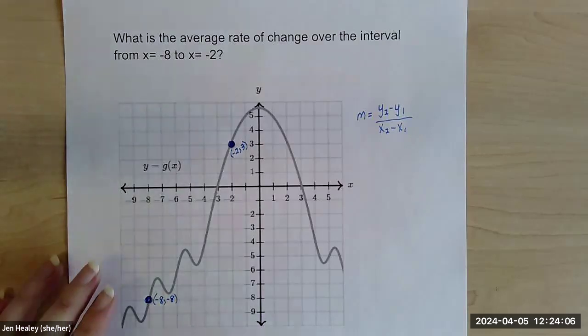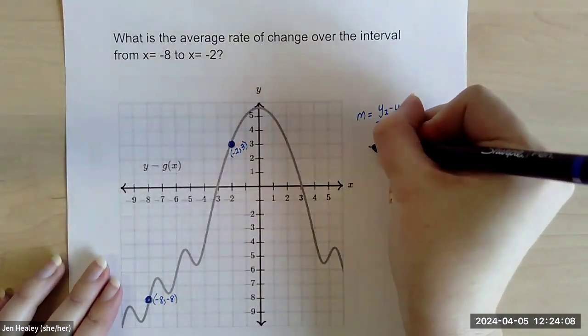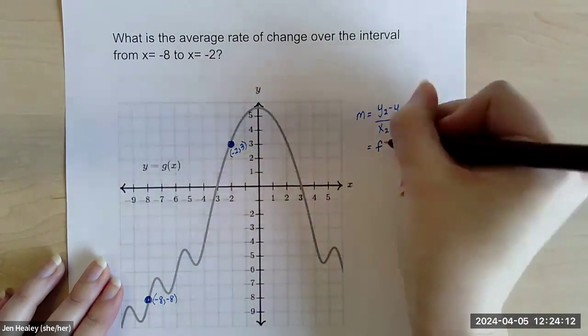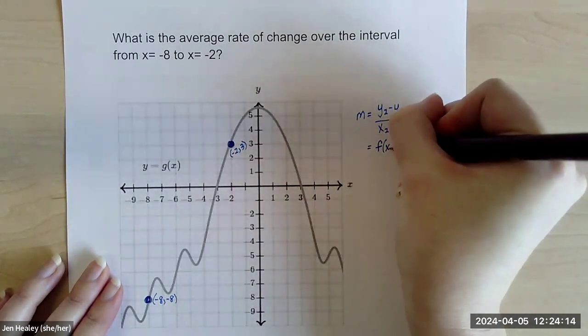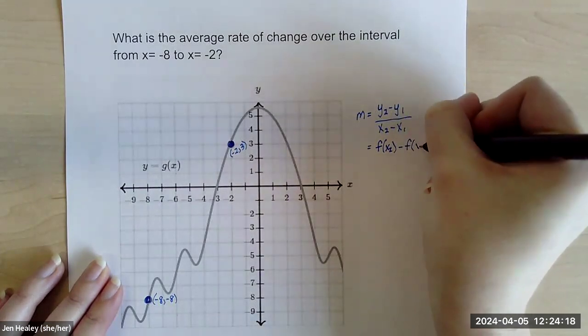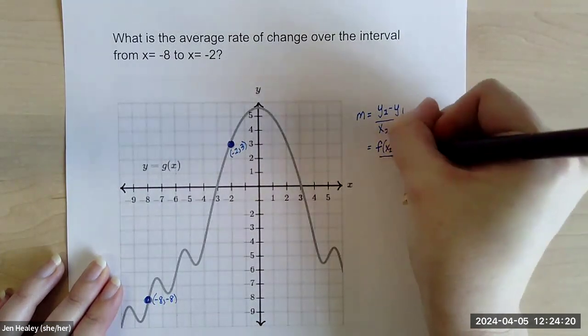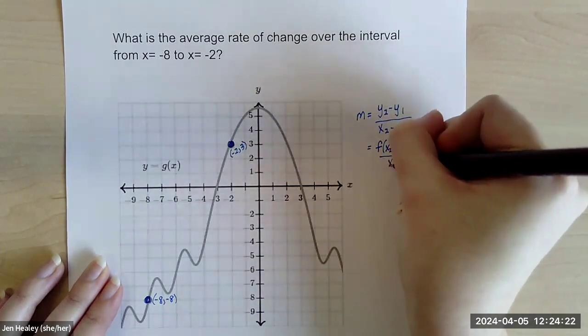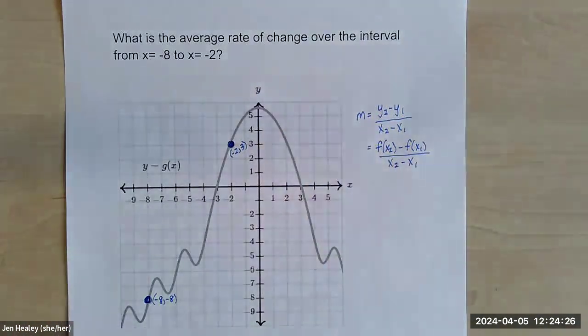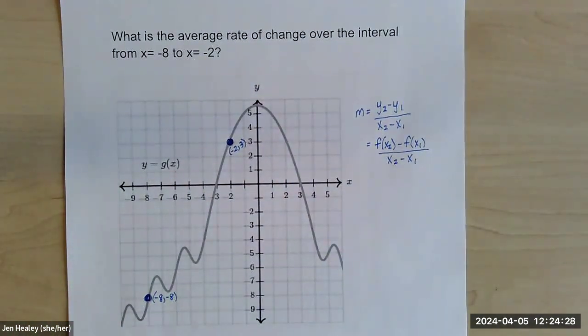Okay, but I could have also written this as f of x2 minus f of x1 over x2 minus x1. That formula looks a lot scarier because it's got additional stuff in it.